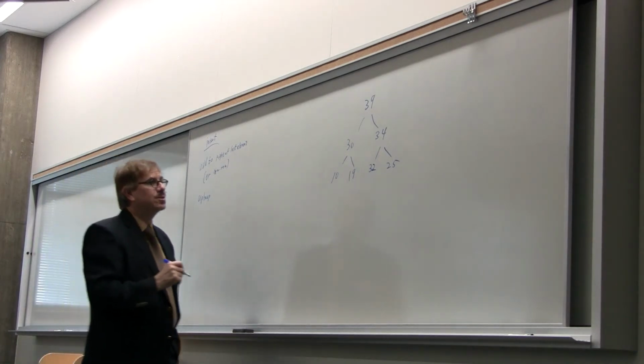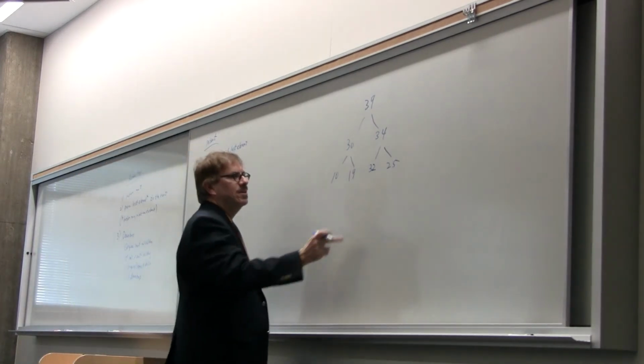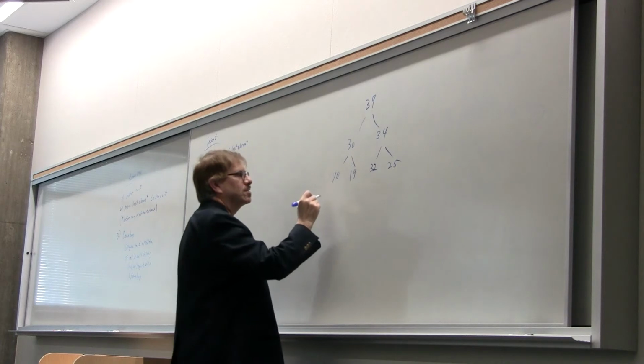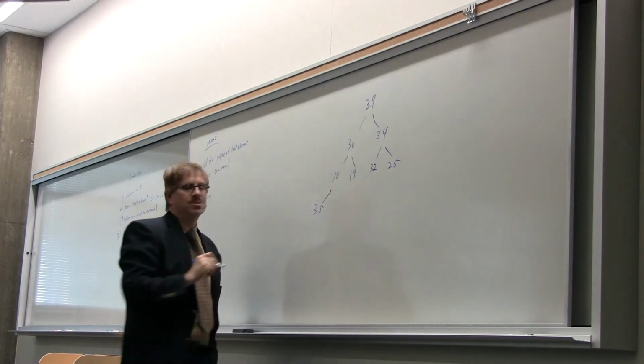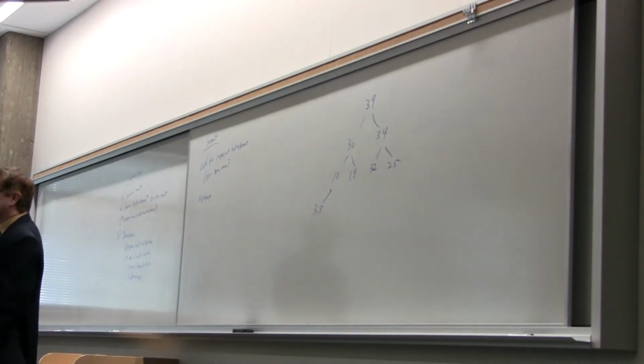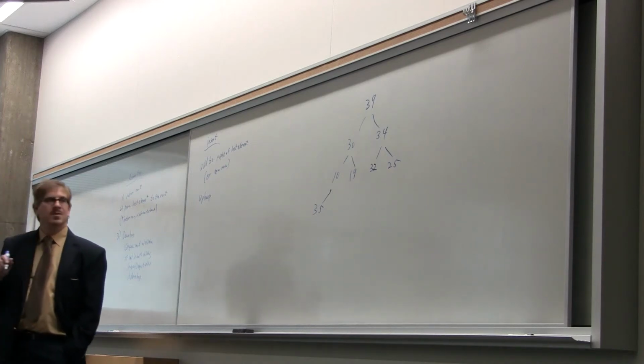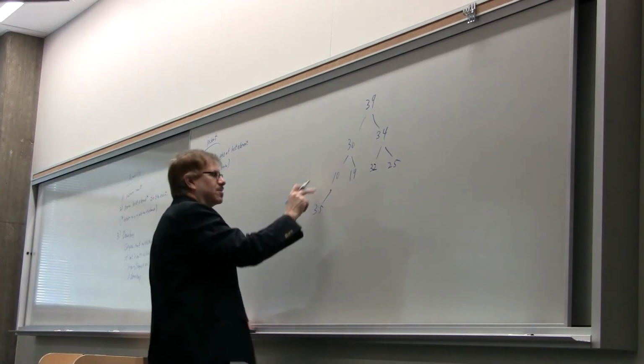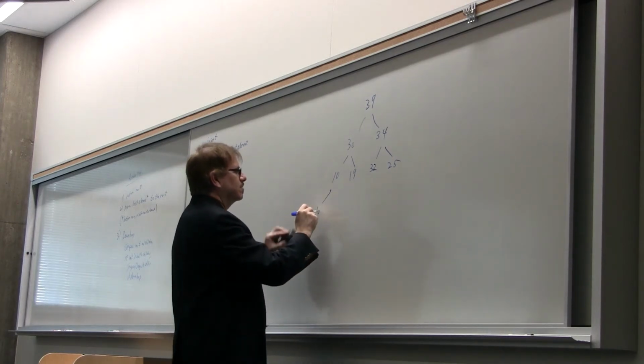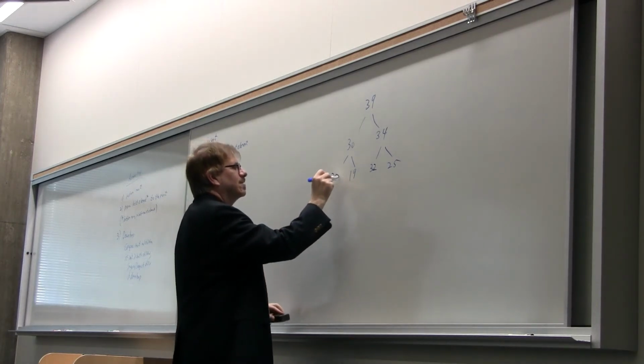All right, let's insert another number, so let's insert 35. There's nothing more we can do to the right, so let's start a new row. There's 35. Look at its parent, 10, does not satisfy the heap property. So we swap 10 with the larger of its children. So this becomes 10, this becomes 35.